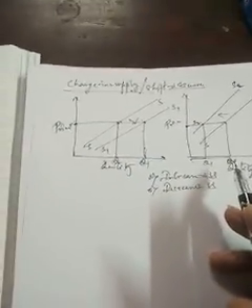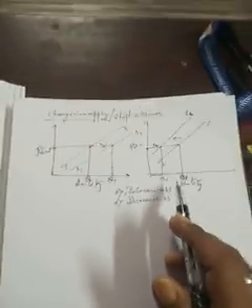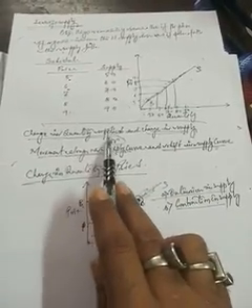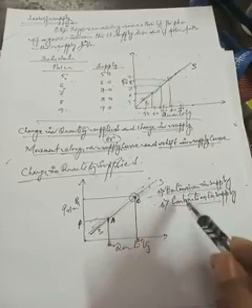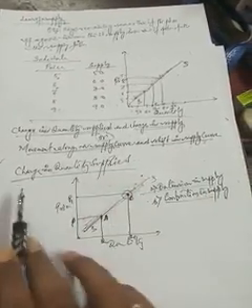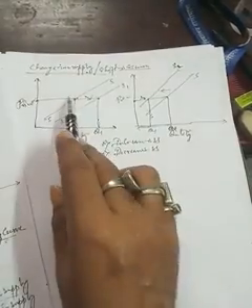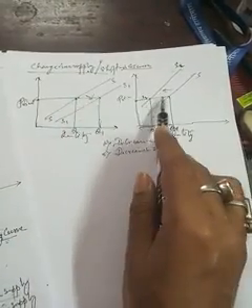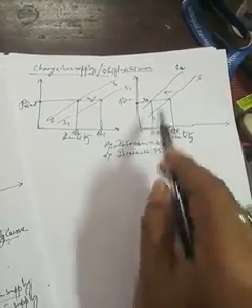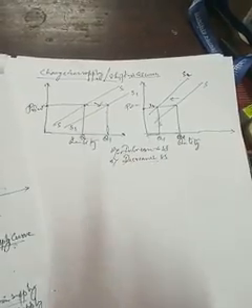So there are two things you must understand: change in quantity supplied and change in supply. Change in quantity supplied means movement along the supply curve, that means extension and contraction in supply. Change in supply means shift in supply curve, that means the supply curve shifts rightward or leftward. Rightward means increase in supply, leftward means decrease in supply.